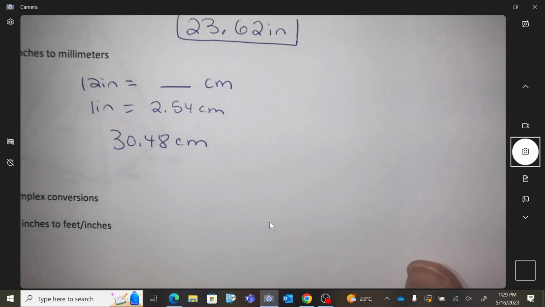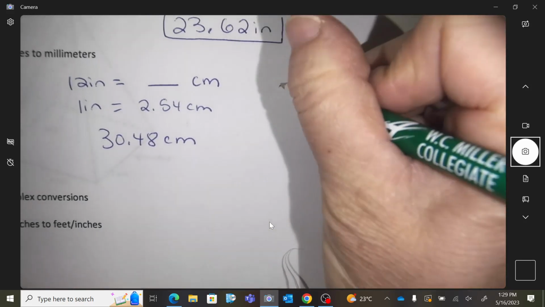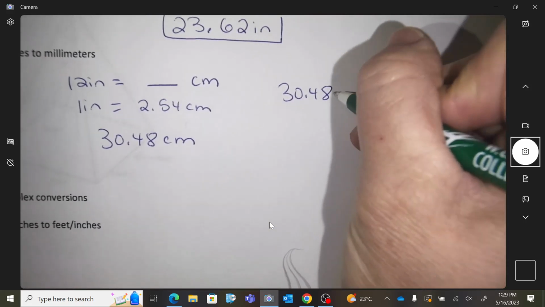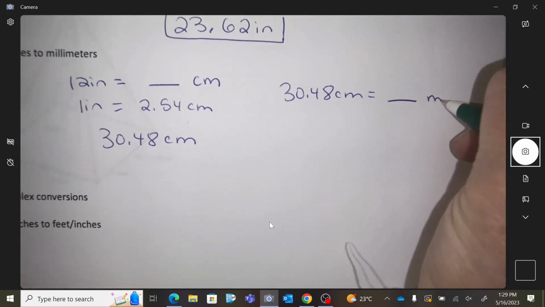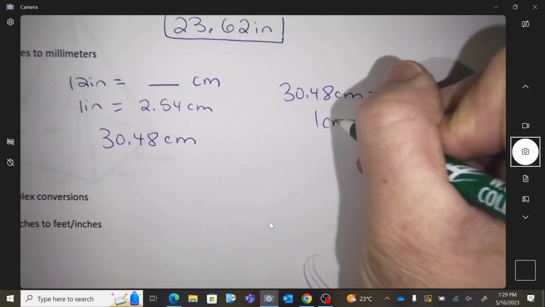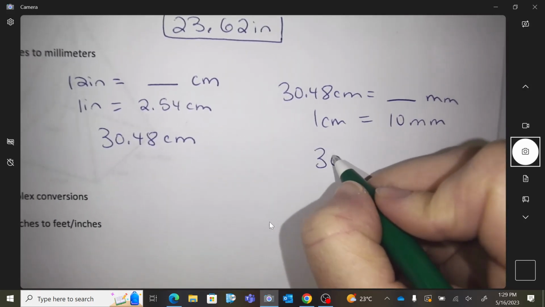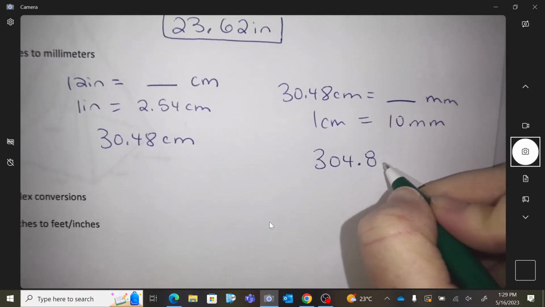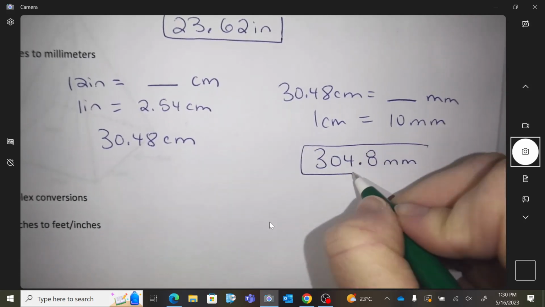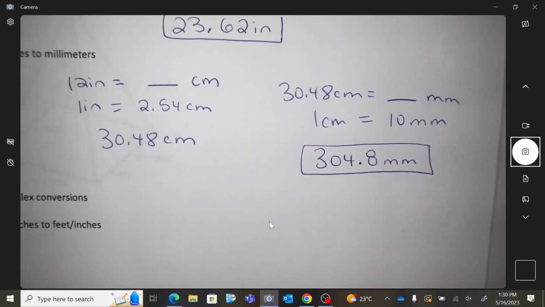Then from centimeters, you're going to look to go to millimeters. I'll be careful this time to only move my decimal 1 spot.